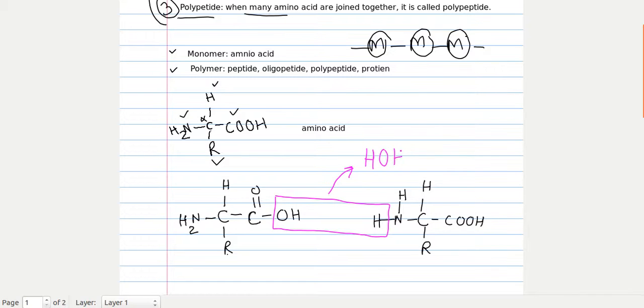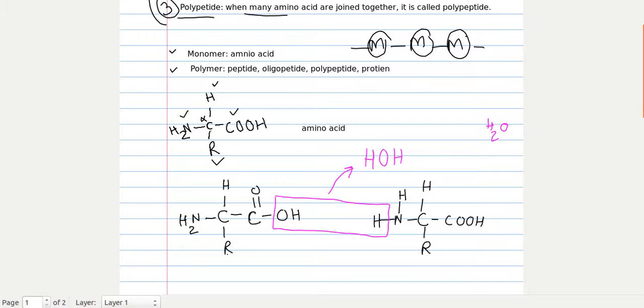I can write HOH as water, or H2O. You should know the structure of water. So I have just eliminated HOH, and now HOH is eliminated, and I will make a bond.